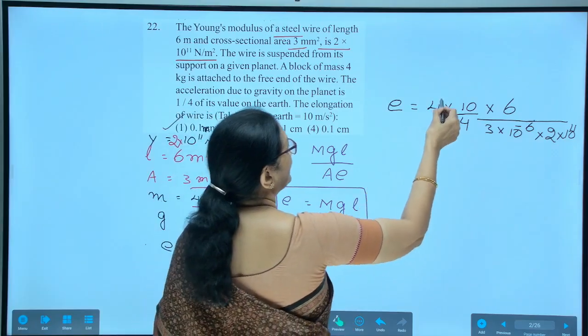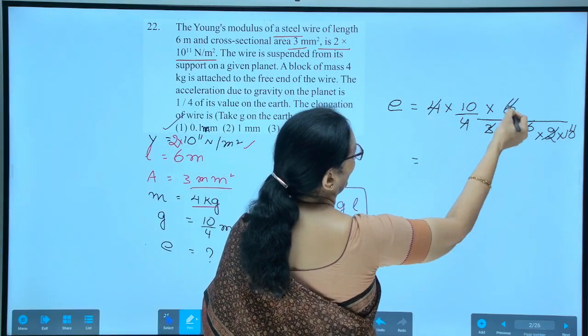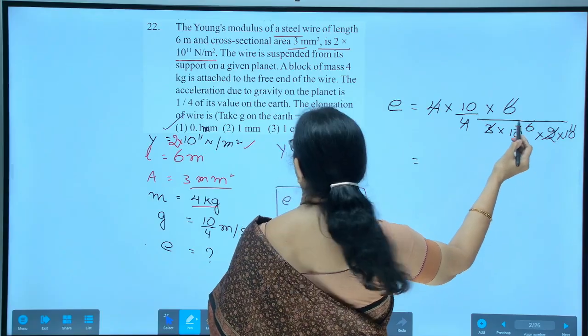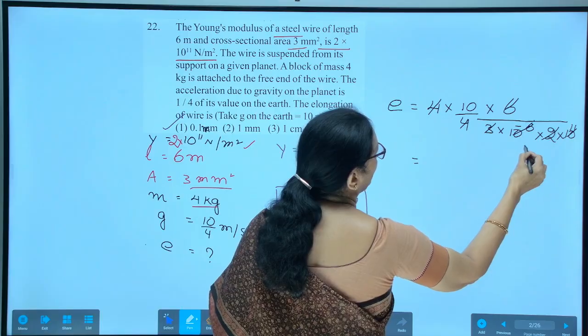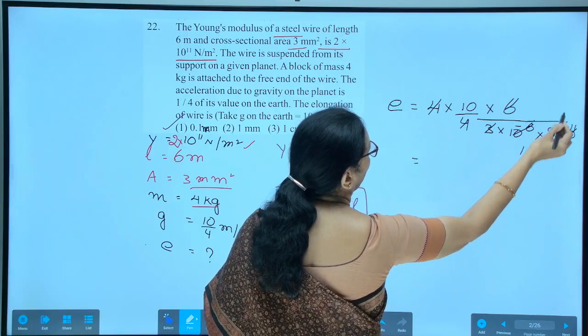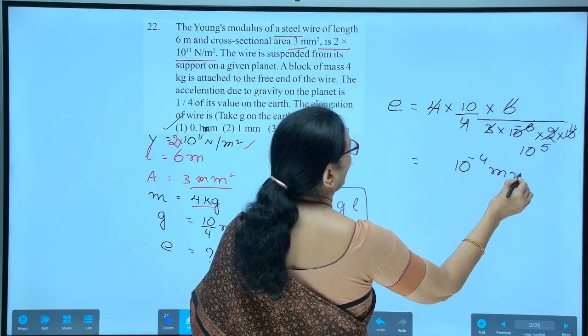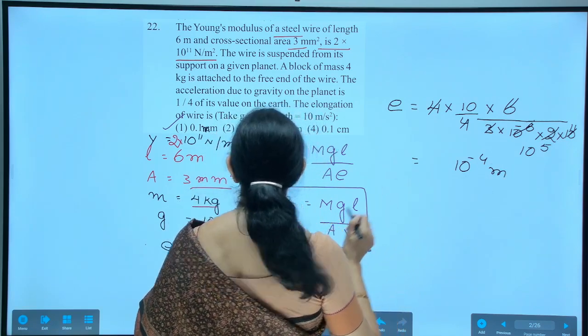So here 4 6s are 24, 12 2s are 24, so they get cancelled. See here, this is 10 to the power of minus 4. This becomes 10 to the power of 5, thus goes to the numerator, 10 to the power of 4 meters. Right? The answer is 10 to the power of minus 4 meters.